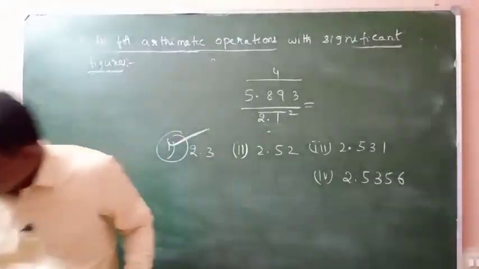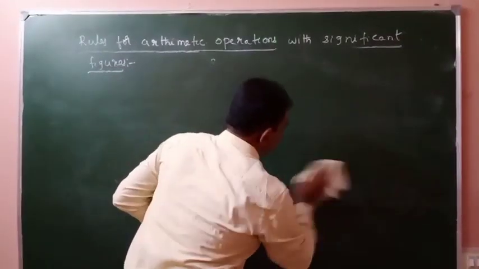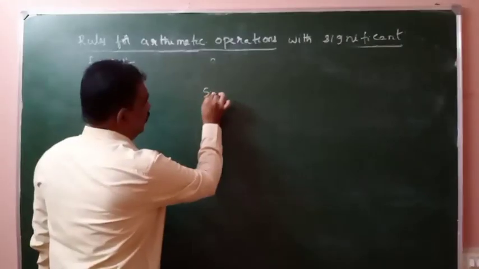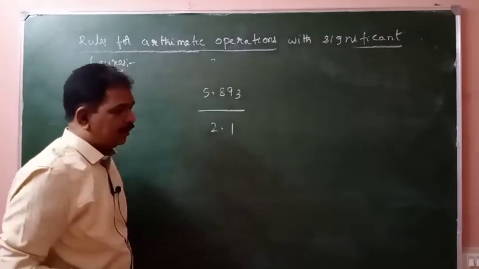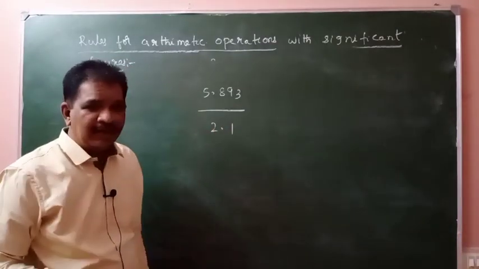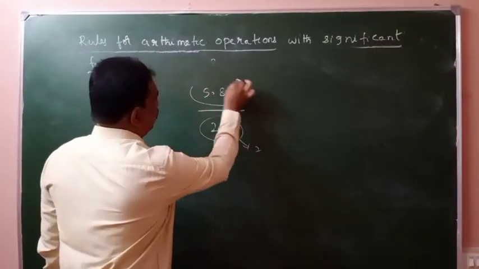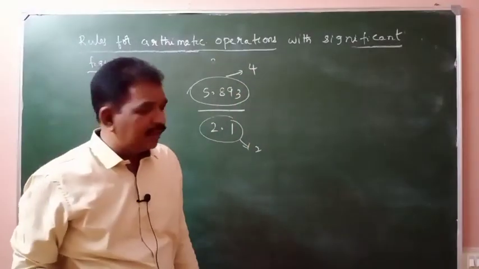So in multiplication also the same procedure. What is the procedure? 5.893 divided by 2.1. 2.1 will have two significant figures. 5.893 will have four significant figures.